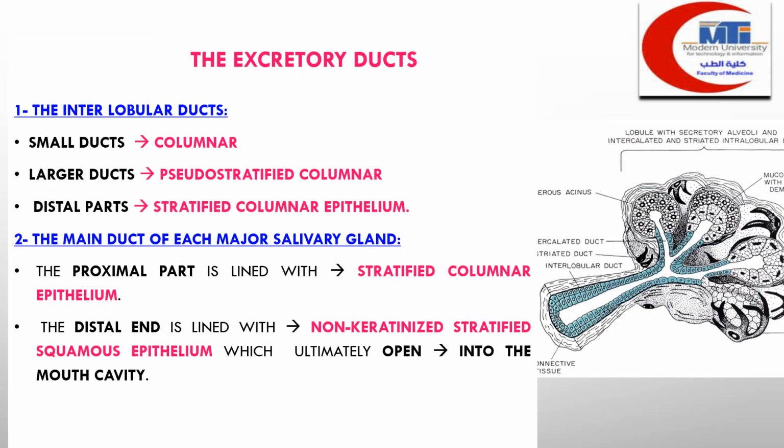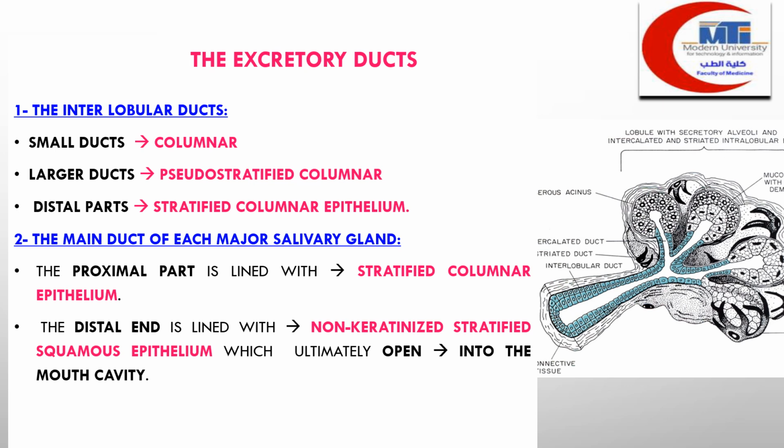Okay, let's know the structure of excretory ducts. As we mentioned, the secretory system is highly branched and ranges from small intercalated ducts to very large main ducts. Also, the lining epithelium will change gradually from low to high epithelium with the gradual change in the diameter of the duct.